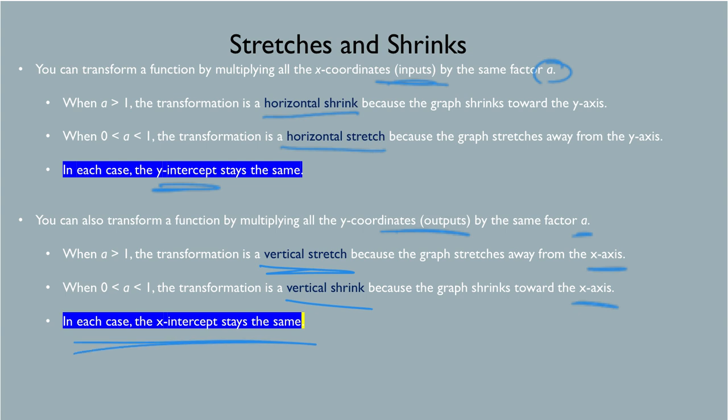It's kind of the opposite, right? One is going to be what type? A horizontal, and the other one will be vertical. So you have horizontal shrinks and stretch. The shrink happens when a is greater than 1.